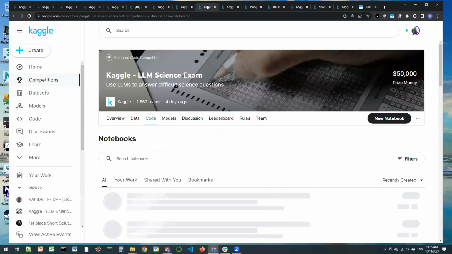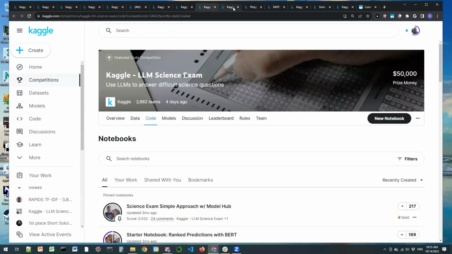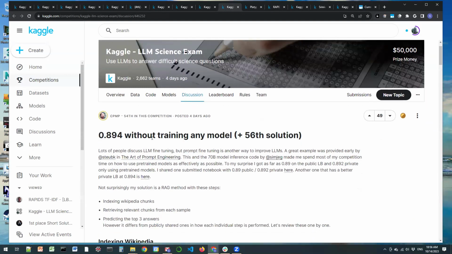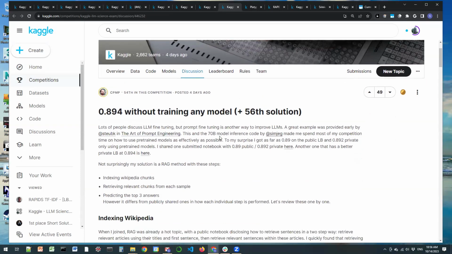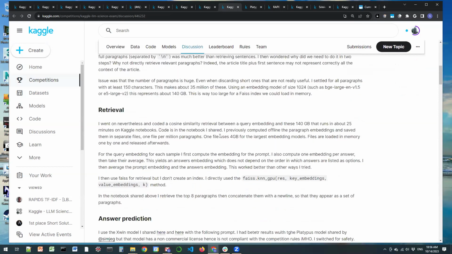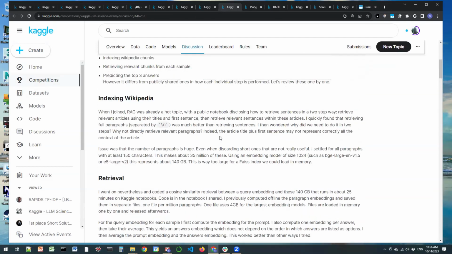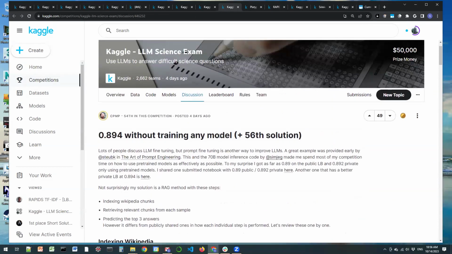Okay, anybody? It was interesting, just as a side comment, is 0.894 without training any model. I haven't read it, but I know that guy, he was involved in the platypus thing.